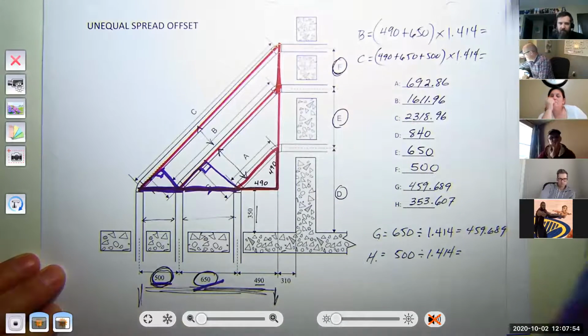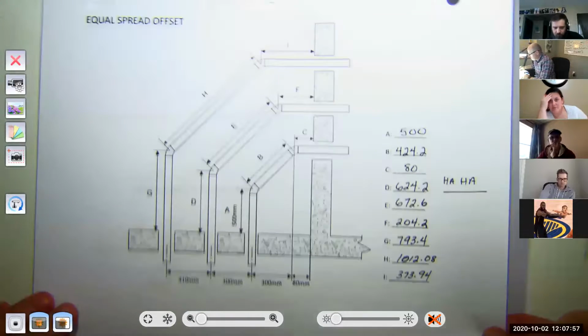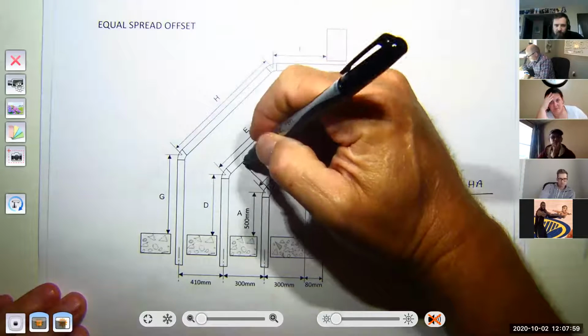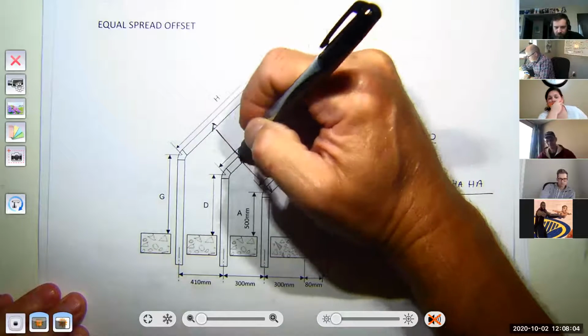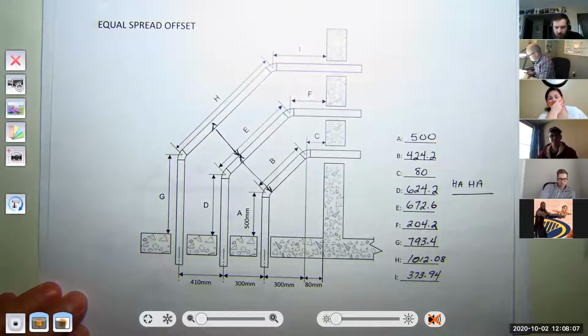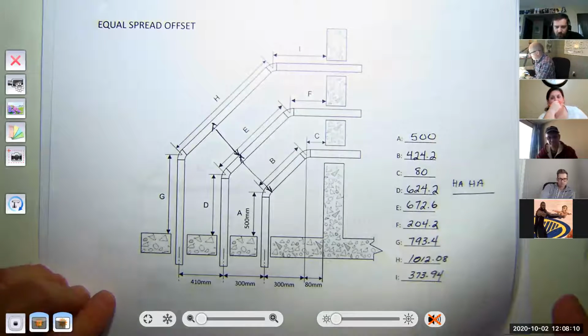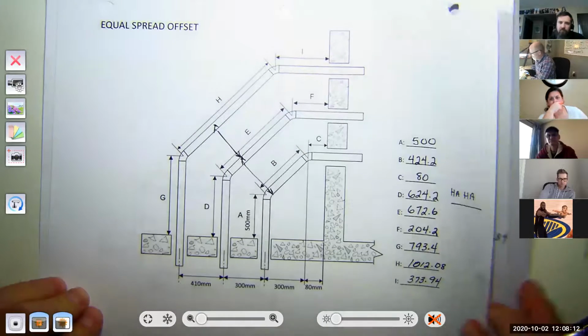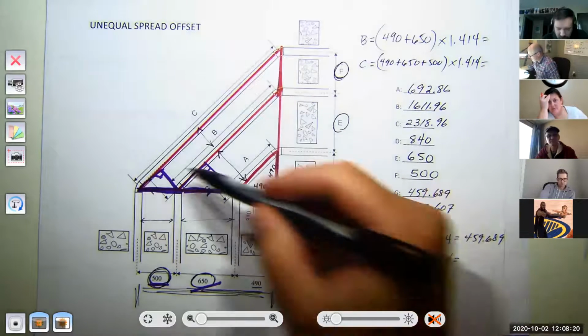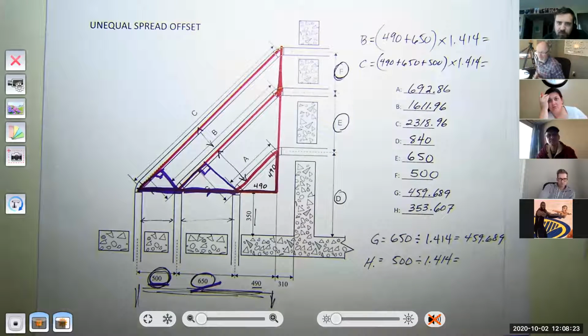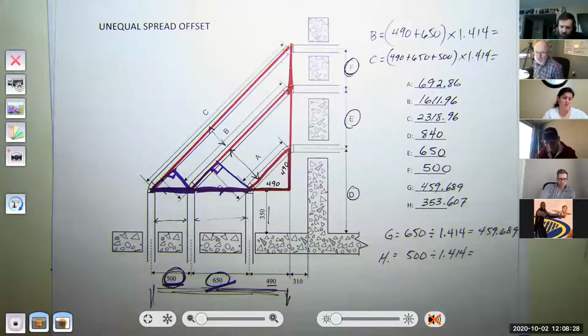If I go back to an equal spread offset, this distance is equally spread. So how would I tell that on a test? I would just have to do the math, right? Well, yeah, you have to do the math. And if you look at this one, you should be able to say that that's an equal spread. And when we look at this one, you can visually see it. It's not to scale, but you can still visually see that it's not equally spread. Okay?